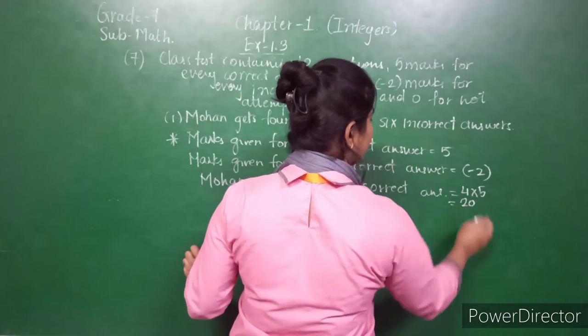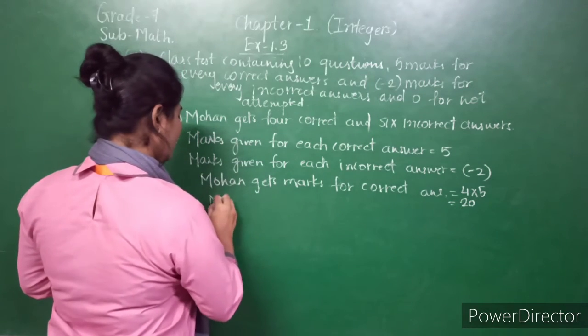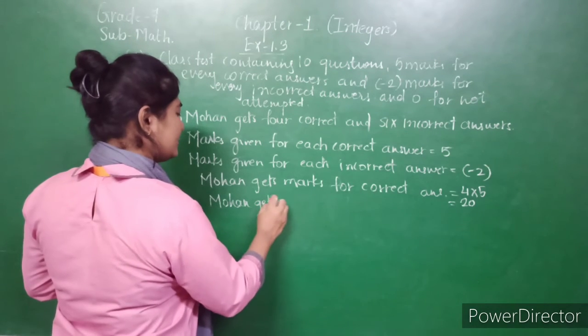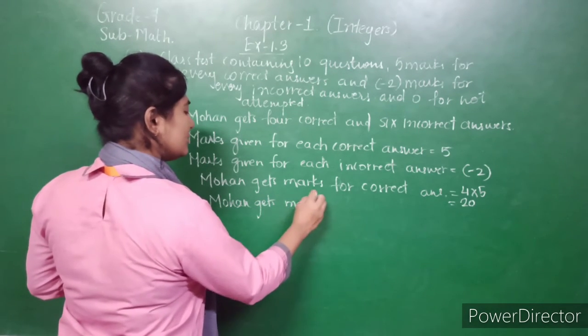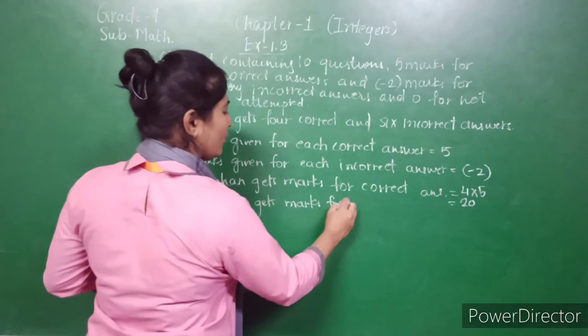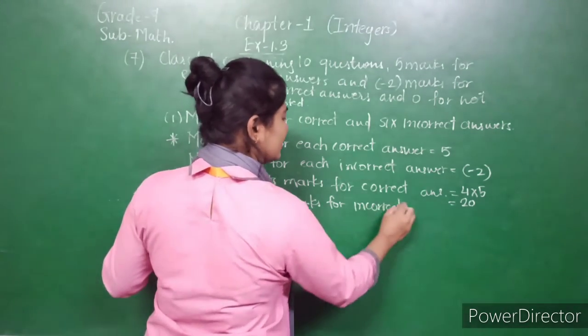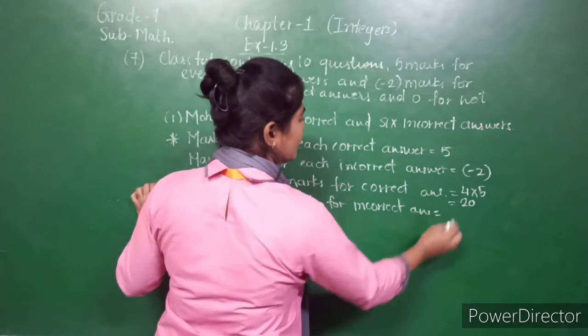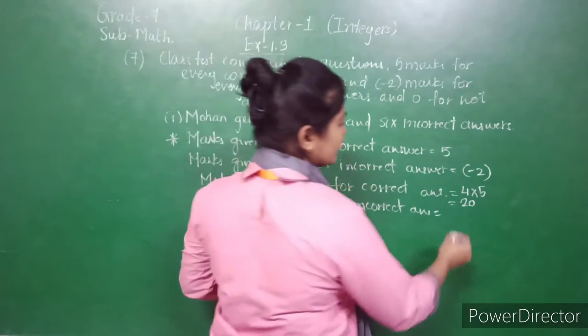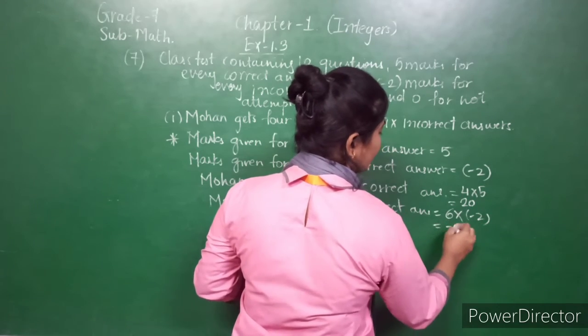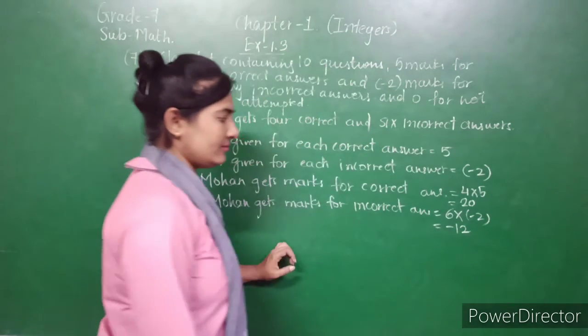So it is 20. Now Mohan gets marks for incorrect answer is equal to how much incorrect? 6. So here 6 into minus 2. So it is minus 12.